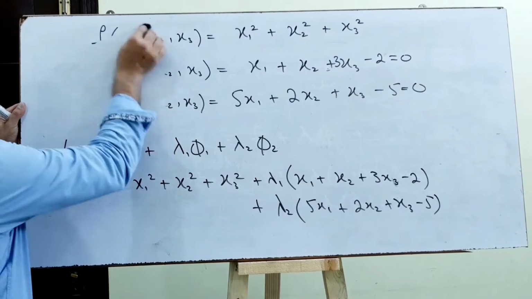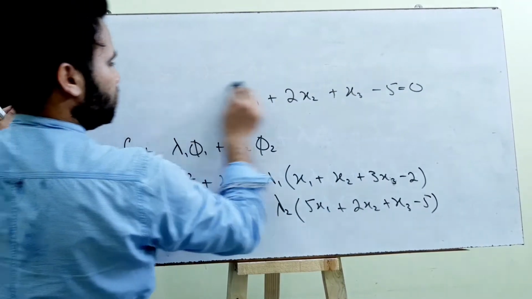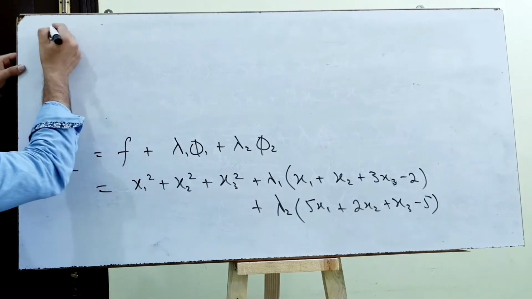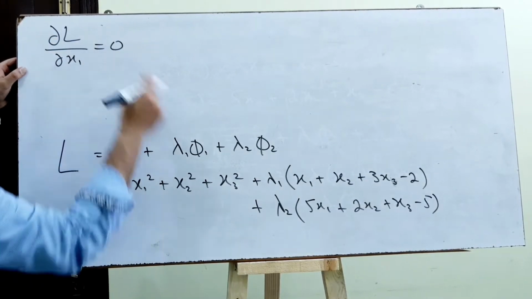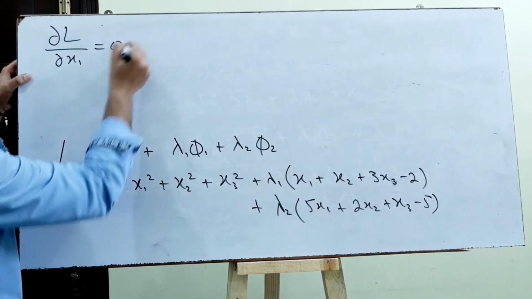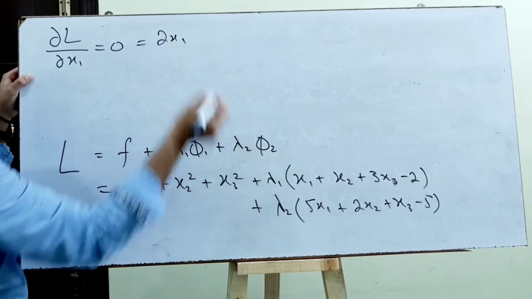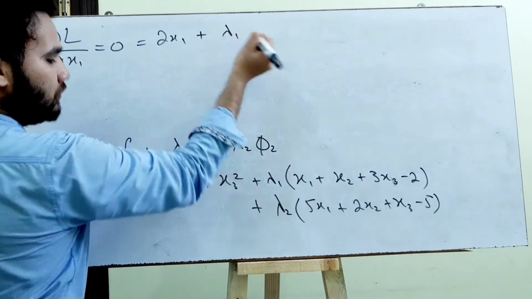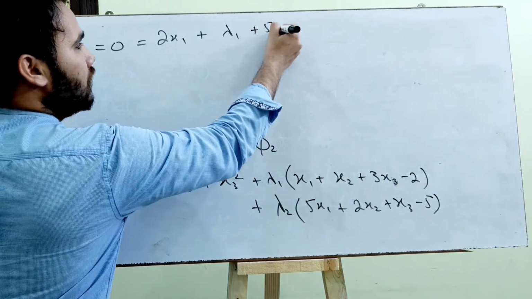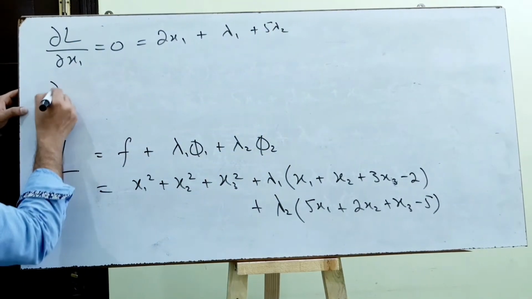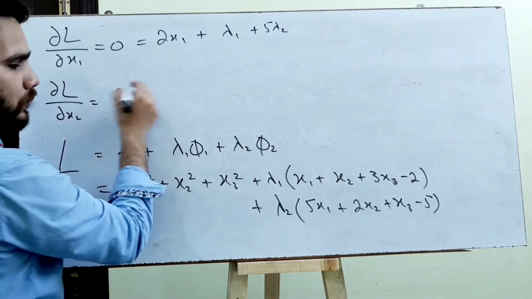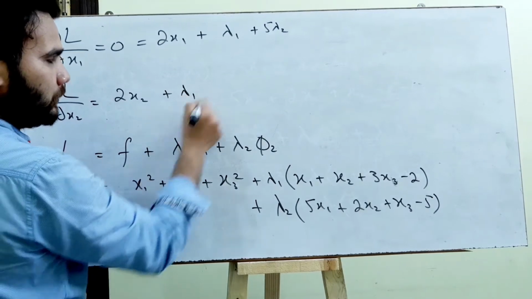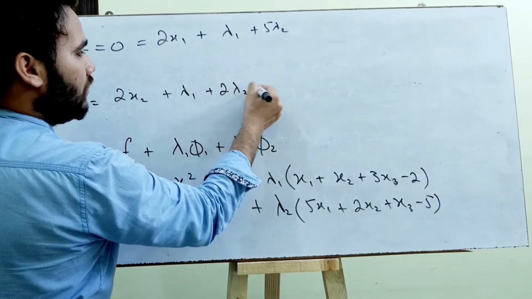Now the second step, making the derivatives of L equal to 0. The derivative of L with respect to x1 is 2x1 plus lambda 1 plus 5 lambda 2 equals 0. The derivative of L with respect to x2 equals 2x2 plus lambda 1 plus 2 lambda 2 equals 0.